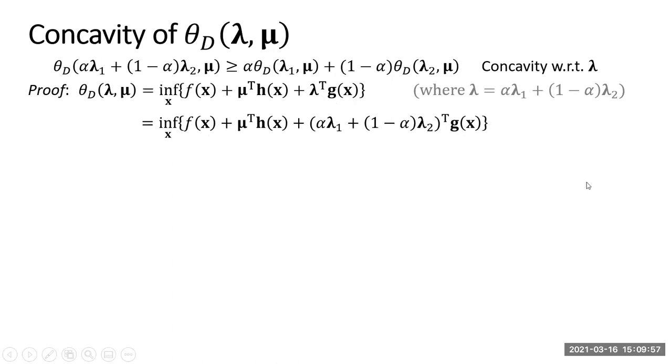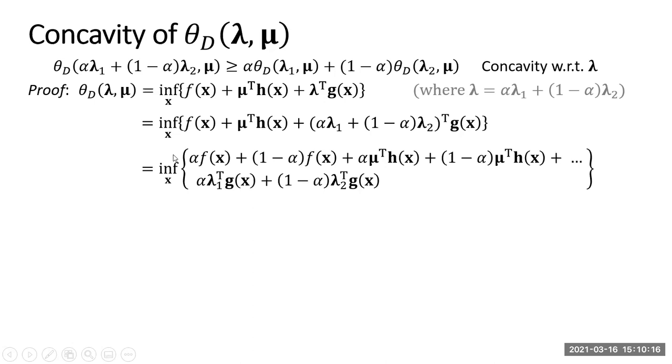Okay, next what I'll do is, you see this alpha and 1 minus alpha, right? This f of x, this term and this term, I'll again split into two: alpha f of x and 1 minus alpha f of x. And I'll do the same thing with the second term too. So this is equal to, you see this f of x here, I've replaced it with alpha f of x plus 1 minus alpha f of x.